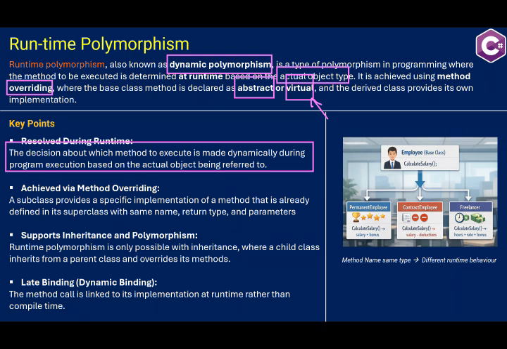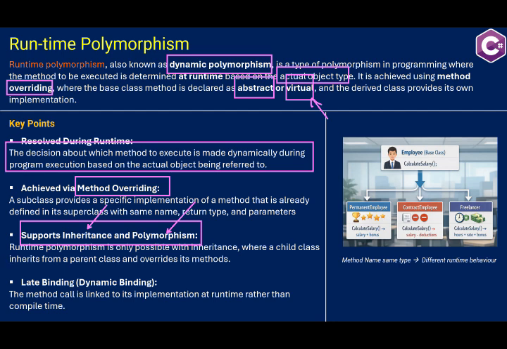That is runtime polymorphism. We use method overriding to achieve runtime polymorphism. We already did method overriding in the last session and we will do it again. And it supports inheritance.